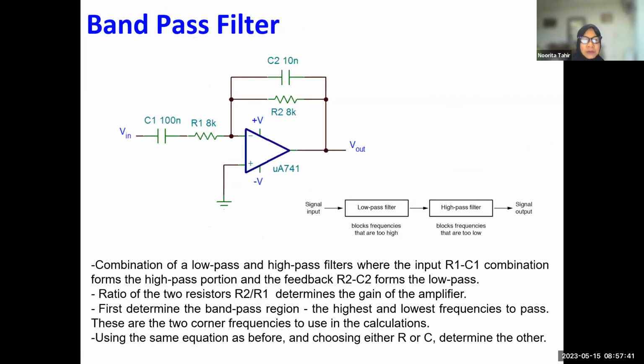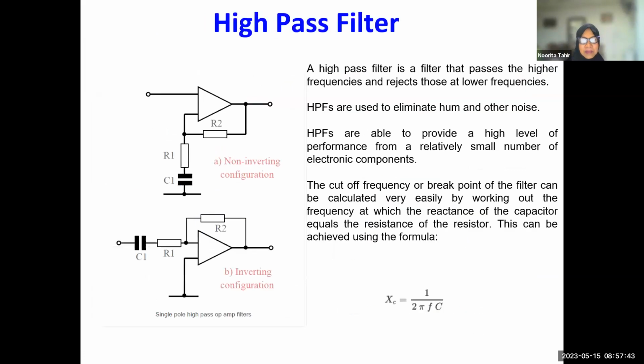Before I go to band pass filter, I will go to high pass filter first. We have recapped what is low pass filter. A high pass filter allows higher frequencies and rejects certain lower frequencies that we have set.